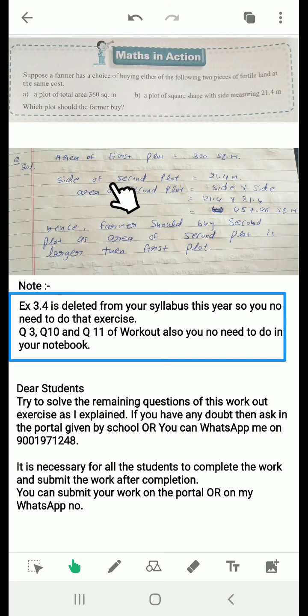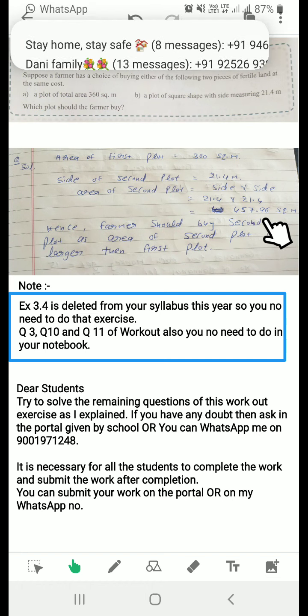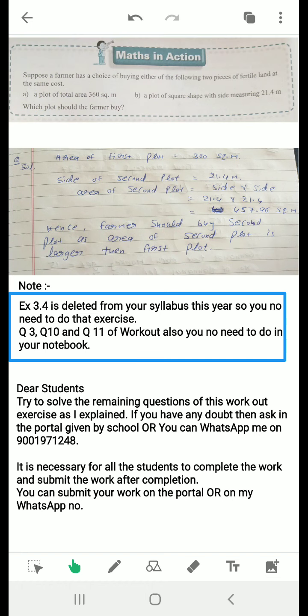As given, the area of the first plot is 360 square meter. In the case of the second plot, only the side is given, and it is a square shape. So first we will calculate the area of the second plot. That will be side multiply side, so 21.4 multiply 21.4, which is 457.96 square meter.